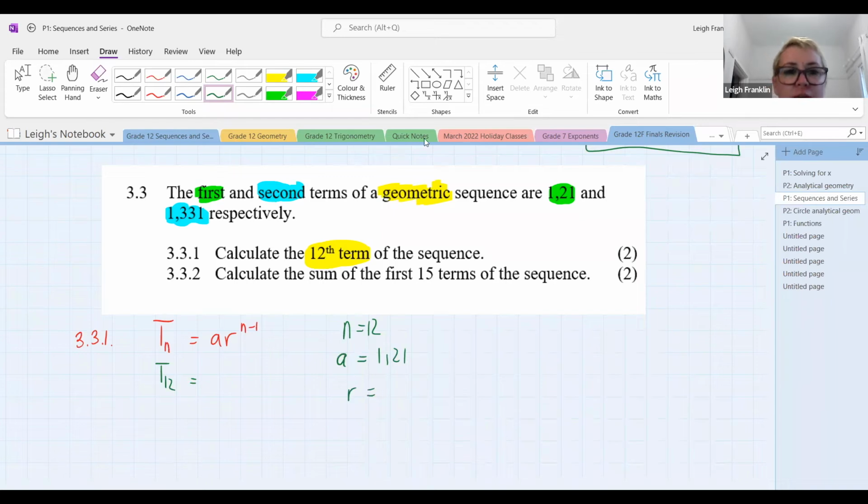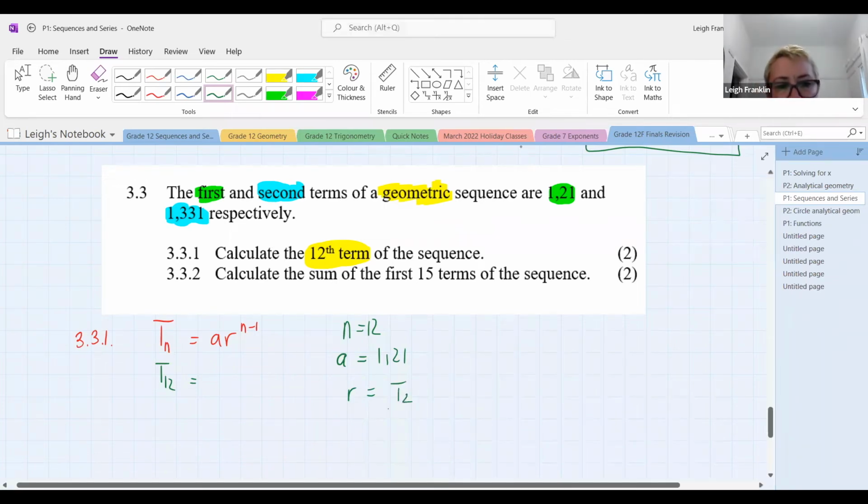How would we calculate R? Good job, everybody. How do we calculate R? That's okay, Deanna, don't stress. We would divide term 2 by term 1, in order to get our R. Lovely, everybody.